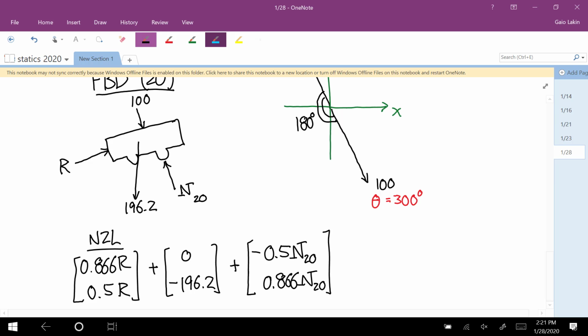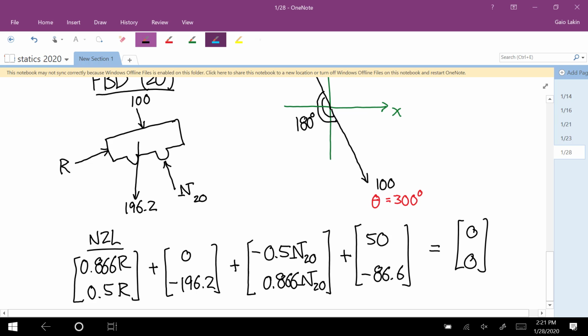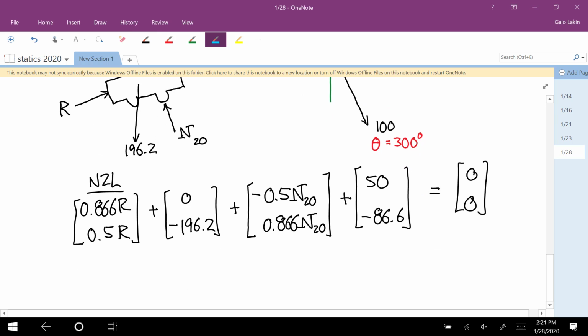And the only thing we have left is the 100, so that's 0.5 times 100 is 50, and then 0.866 negative times 100 is negative 86.6. So that's all taken into account and added up, and it's equal to 0.